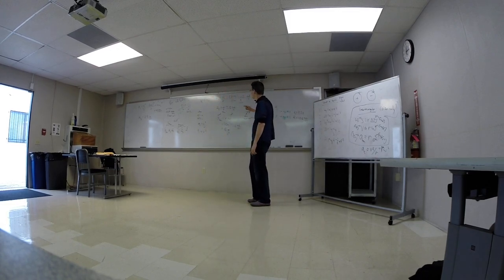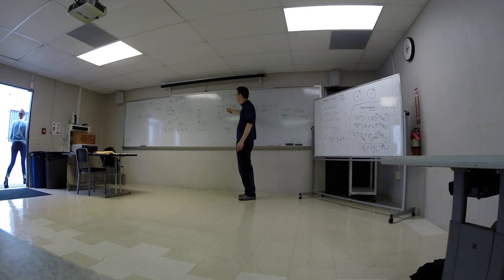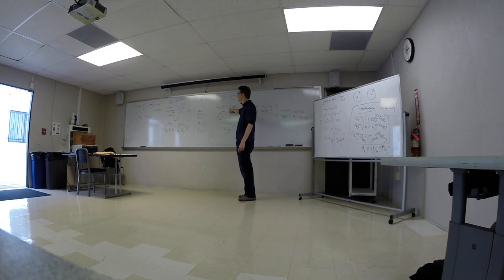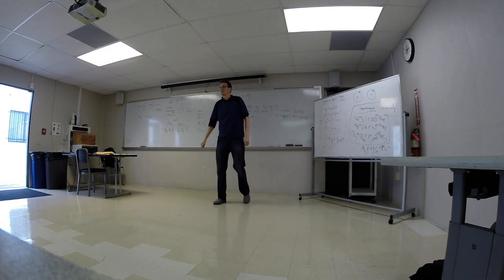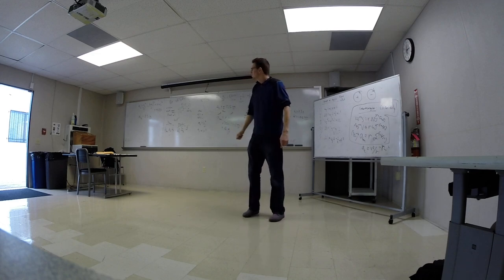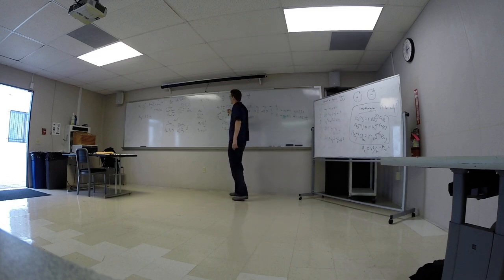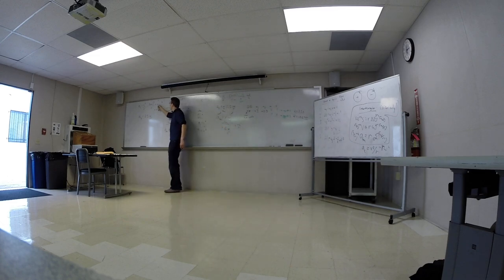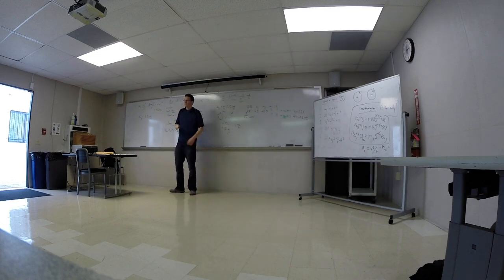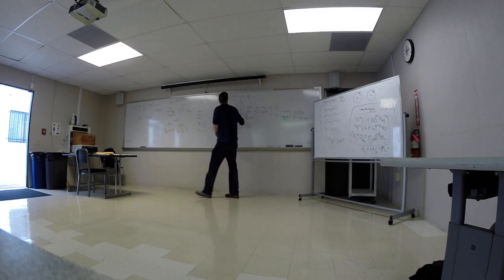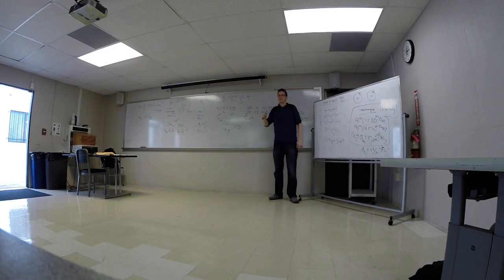Oh, sorry, 0.5 squared times 10, right? So this is 0.5 squared times 10, and the first one was 2 squared times 10.